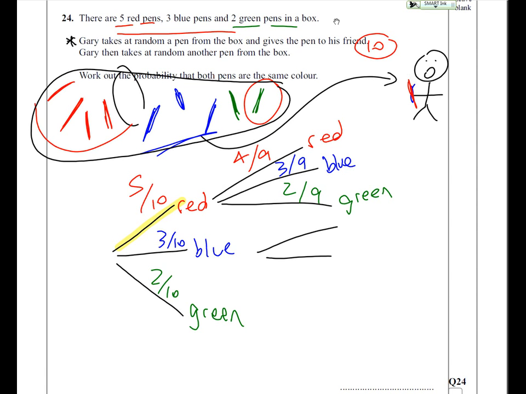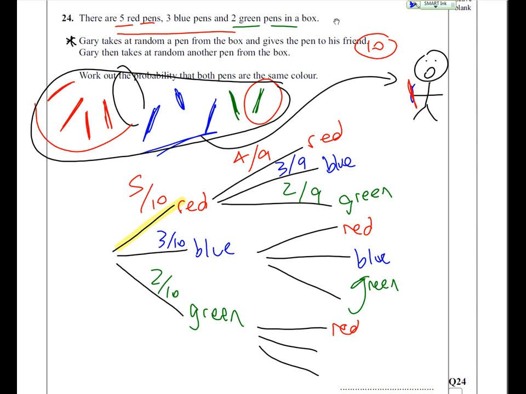Okay. Red, blue, green. You don't actually need all these probabilities. I'll show you a bit of a shortcut in a sec. So just finish the last bit off. Red, blue, green. It's nice to keep it in the same order.